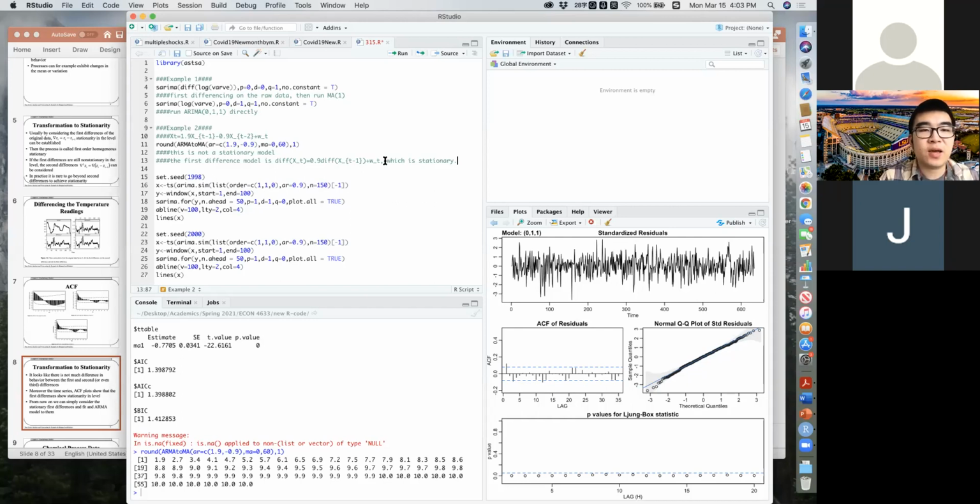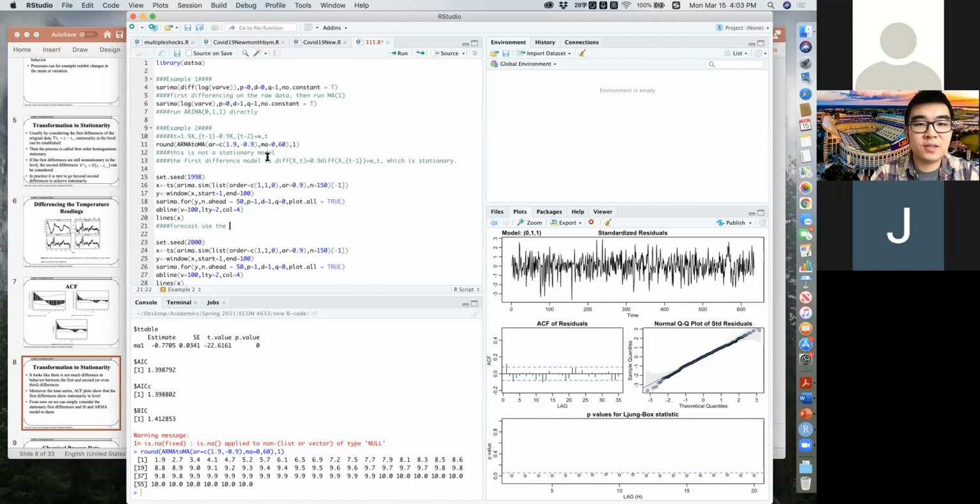Okay, so then we want to use this model to do some forecasting. So all this code is used to forecast using this model.